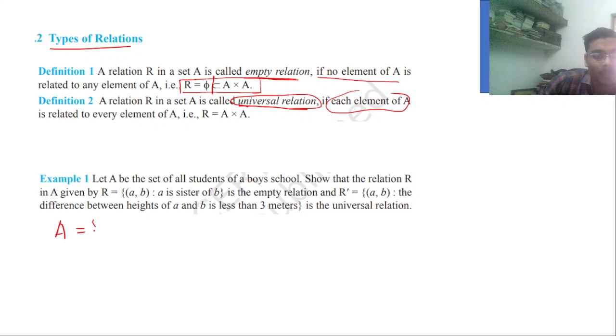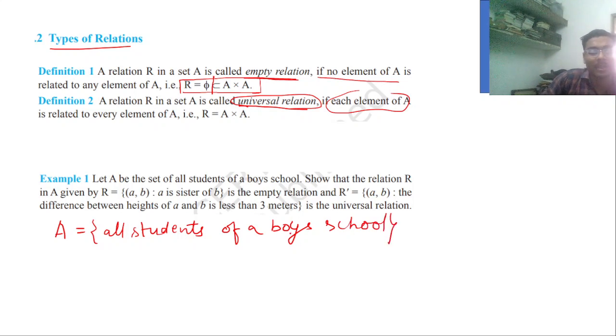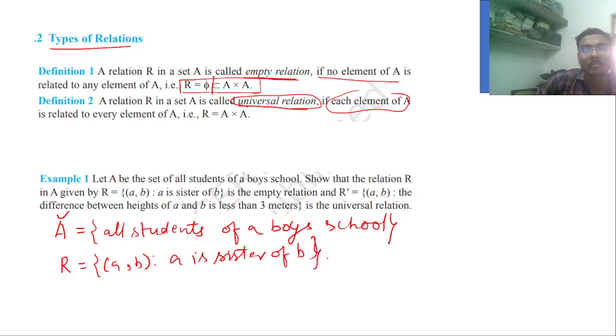So we are taking a boys school and we are considering all the students of it in set A, and R is given as (a, b) such that a is sister of b.